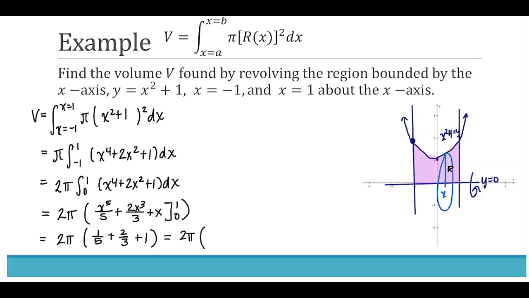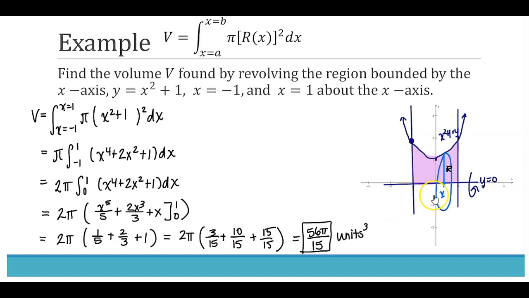I have 2 pi, and then I'm going to have a common denominator of 15. So 3 over 15, 10 over 15, and 15 over 15. And that's going to give me 2 times 28, so we're going to have 56 pi over 15. And again, we are finding a volume, so here it would be units cubed.